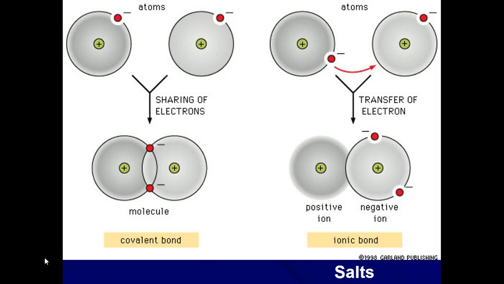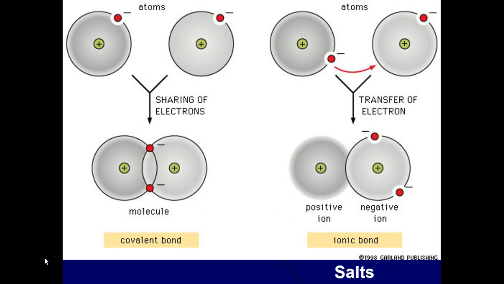There is another type of chemical bond that is found among elements, and it's what's known as an ionic bond. If you've wondered what the heck an ion is, an ion is an atom or a molecule that has a charge to it. Remember, I mentioned that a lot of atoms of elements have an equal number of protons and electrons.